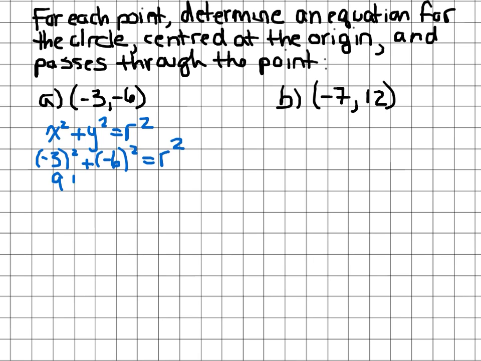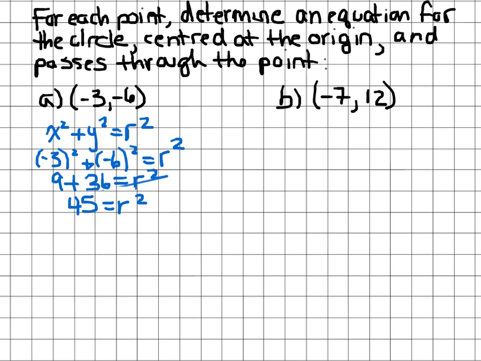So we have 9, and negative 6 squared is 36. 9 and 36 is 45.